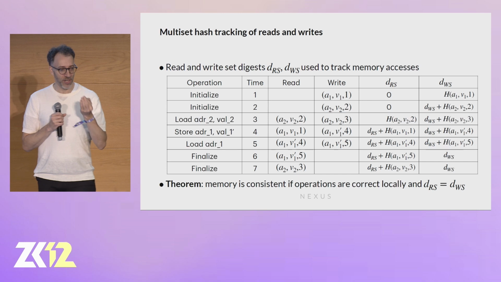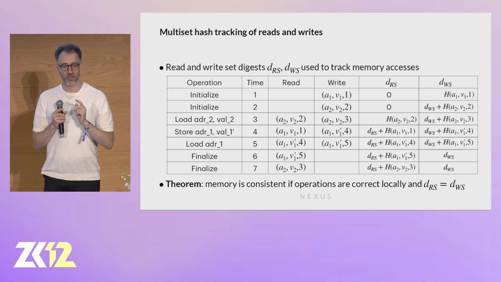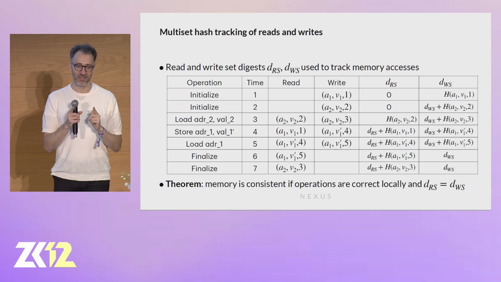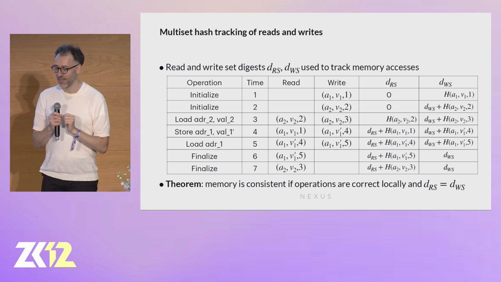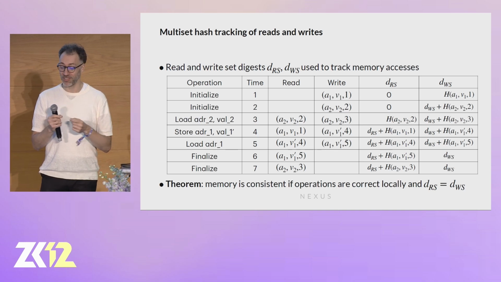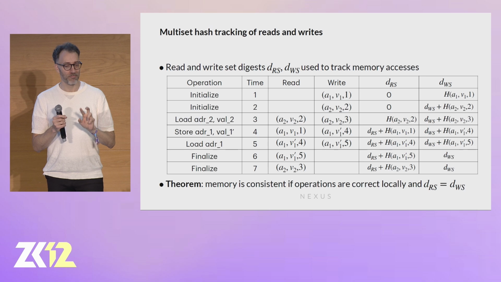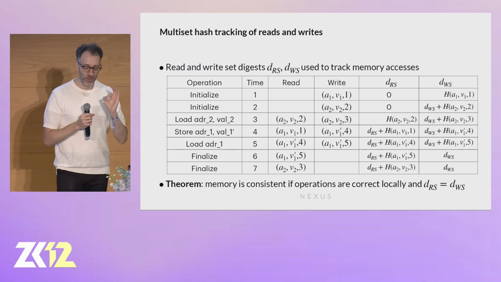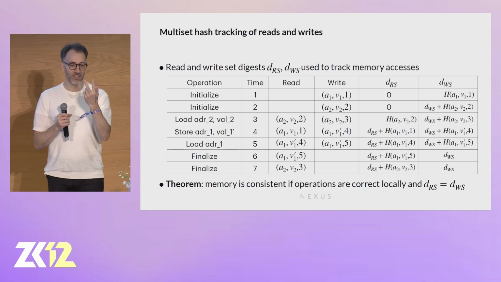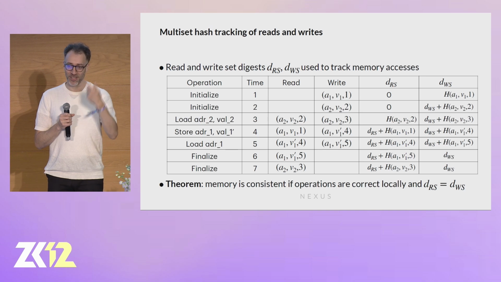At the very end, if the read set is equal to the write set, then those two digests match. And if the read set and write set are not equal to each other, then by the collision resistance property, the digests do not match. So that gives us a guarantee that the read sets and the write sets match in the end. The cool thing is that you only keep track of the group elements, these set hashes, along the way and update those.